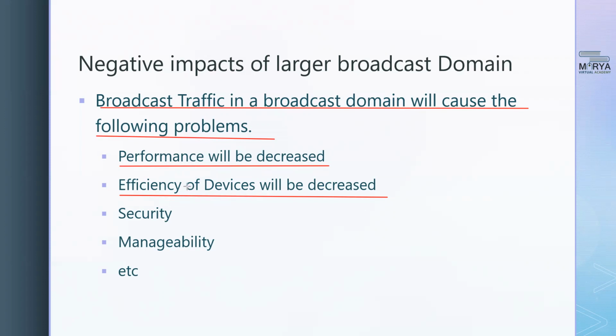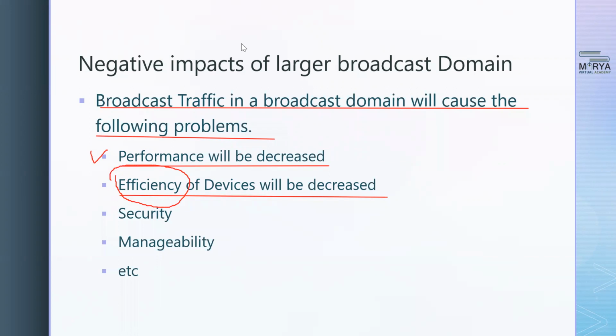Because of this, the performance will be affected, because the useful traffic faces the congestion of broadcast traffic. And besides this, the efficiency of devices will be decreased. The device's capacity will be wasted by the broadcast traffic. And whenever the capacity of devices is wasted, we can say the efficiency problem arises.